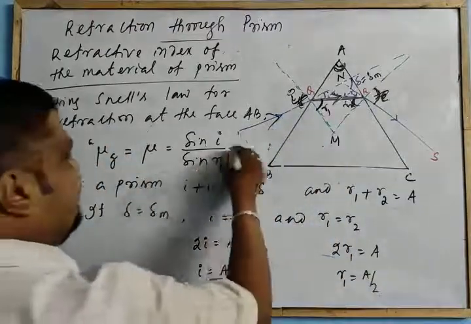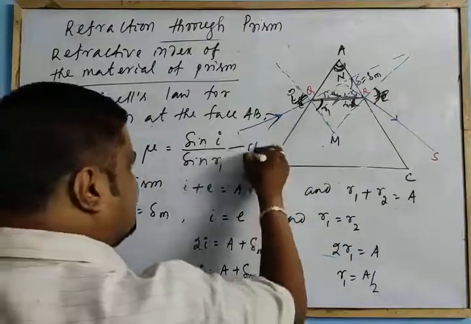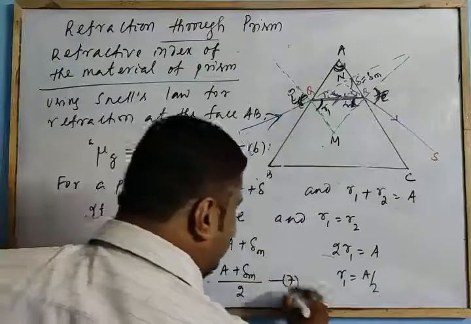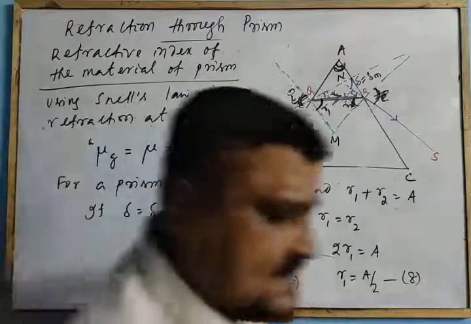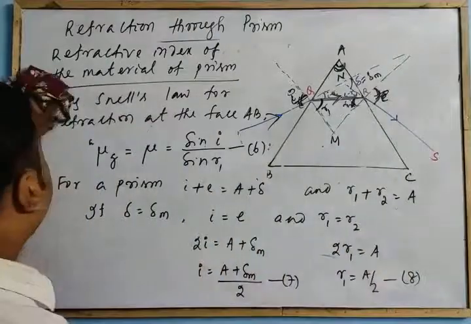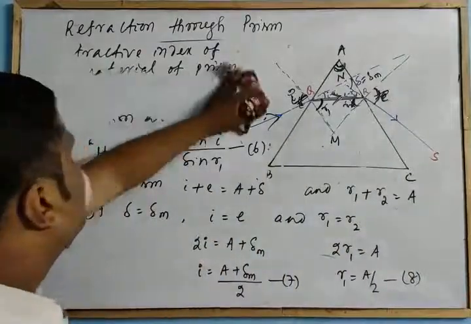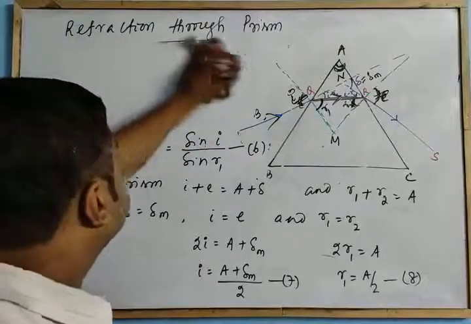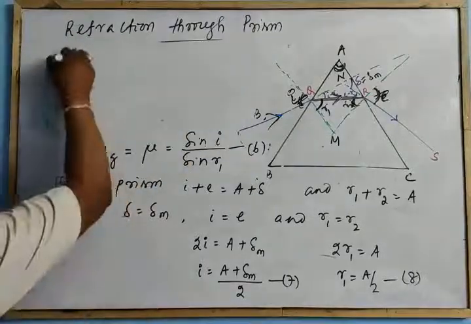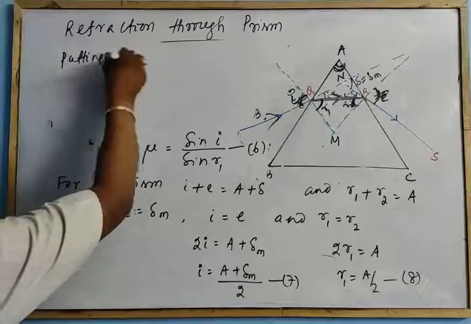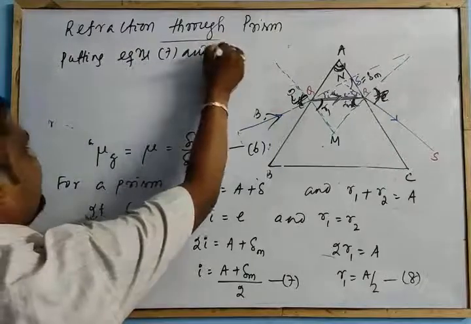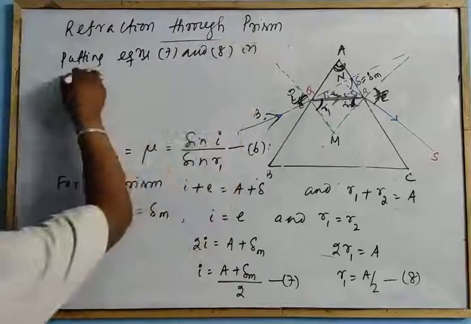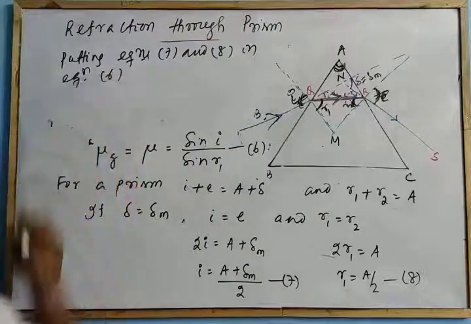Let me call the Snell's law equation number 6, and these as 7 and 8. Putting 7 and 8 in equation 6, what will I get?